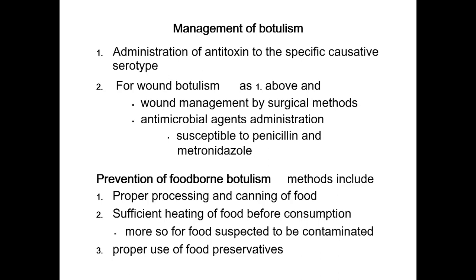So if there's food that is suspected to be contaminated, then it should be cooked properly to enable the toxin to be damaged. Then proper use of food preservatives in food factories. They should be used in effective quantities, but safe in concentration, safe for human use.